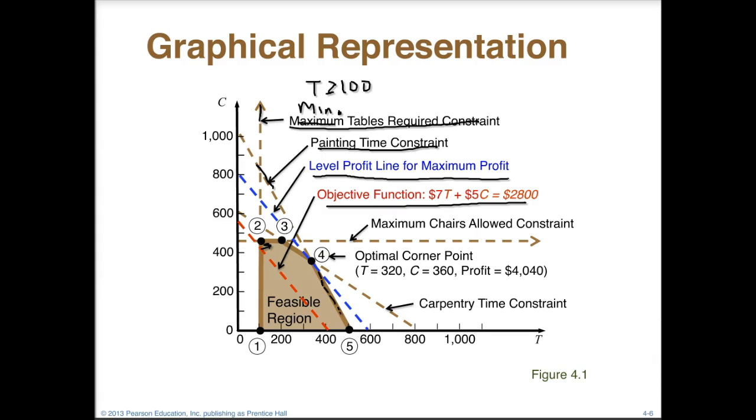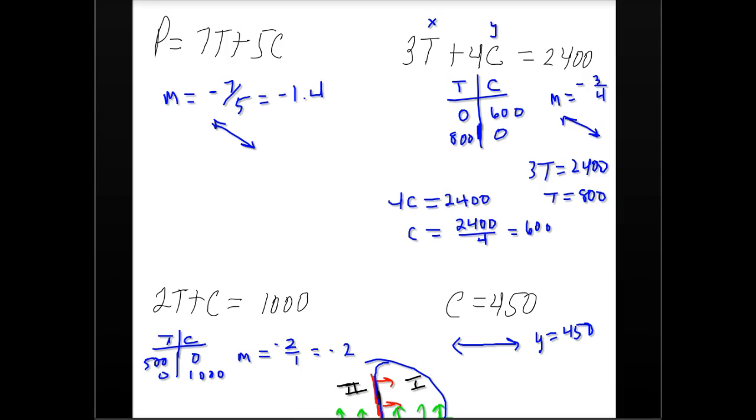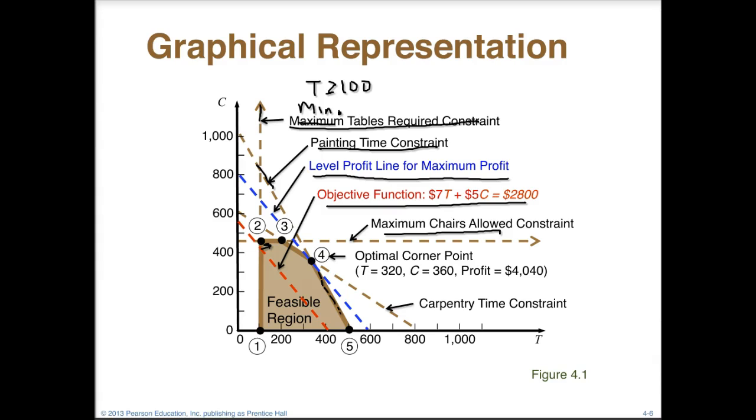Let's see. All right. And, maximum number of chairs allowed. We see that, I believe that was the C equals 450, I believe, right? Or C is less than or equal to 450. So here we said that was a horizontal line.